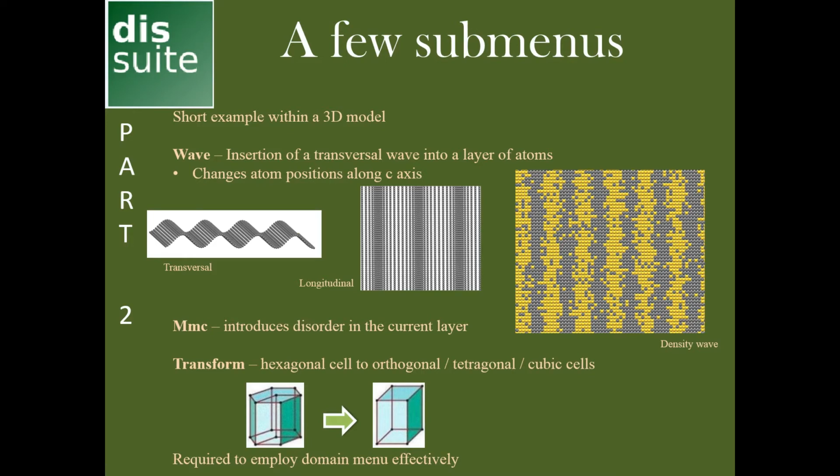After that, we'll introduce the MMC, the multi-energy Monte Carlo in DISCUS, which is one method to introduce disorder in a structure, whereas the energy between different types of atoms can be defined.